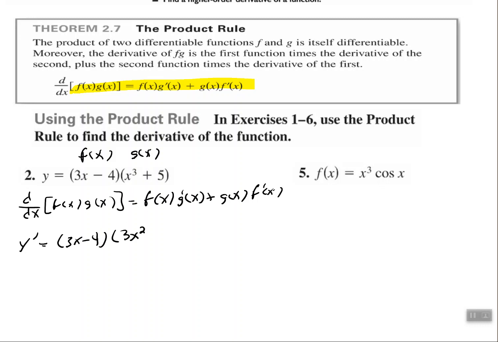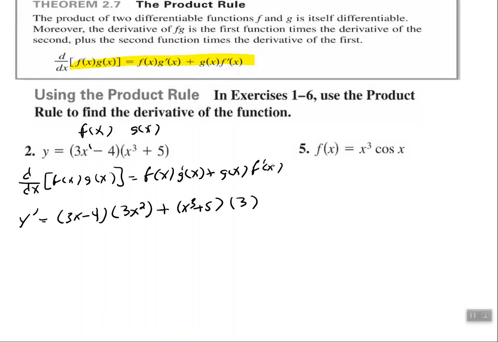And remember, your derivative of a constant is 0, so just 3x squared. Plus the second function, x to the third plus 5, times the derivative of the first function. Your derivative of 3x minus 4 is simply 3. Remember, you multiply 1 times 3 is 3, subtract 1 from the exponent, and your derivative of a constant is 0.